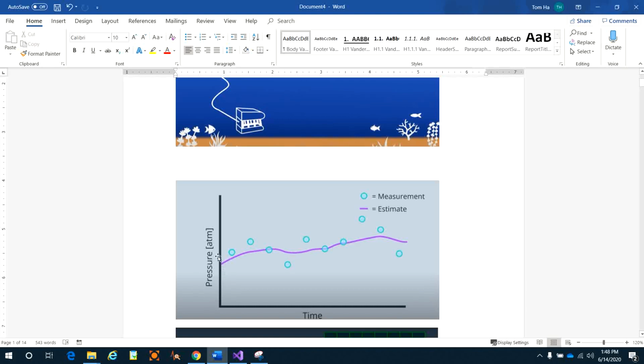So the Kalman Filter will help you estimate the pressure after the first measurement. They will update the measurement and predict another position, and they get the measurement update with the uncertainty of the sensor. So they will give you the prediction.